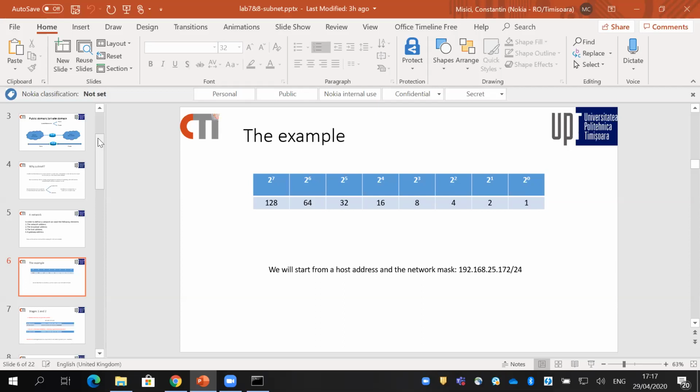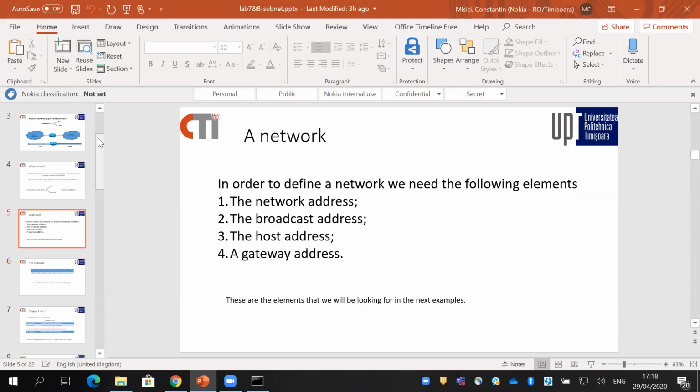Now, that particular ending, the /24, represents the net mask or the subnet mask. That means that we have 24 bits of the value 1 starting from left to right within the 32 that the IP address consists of. So the first 24 bits are 1. That means the last are the ones that are set to 0.